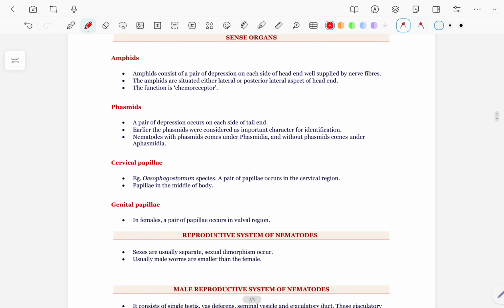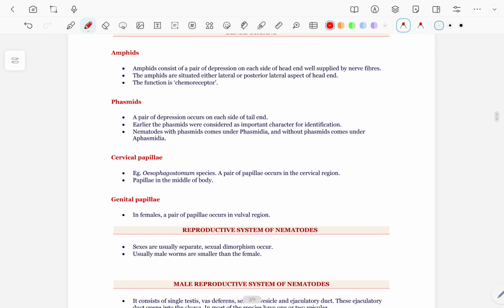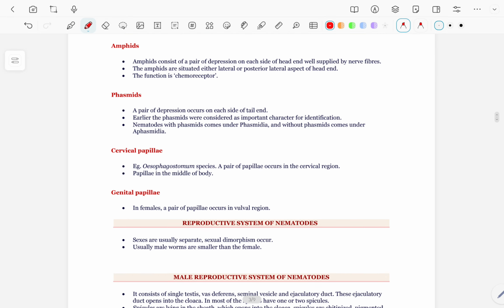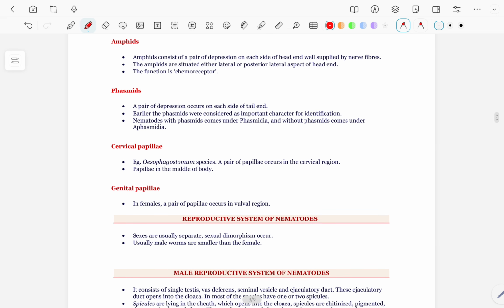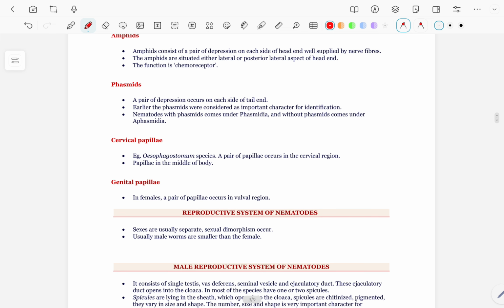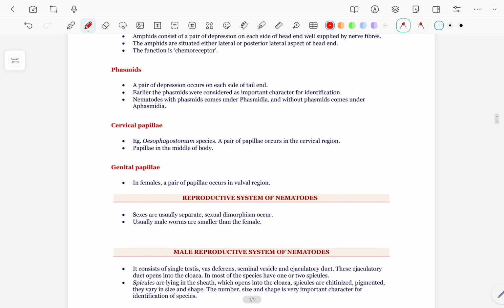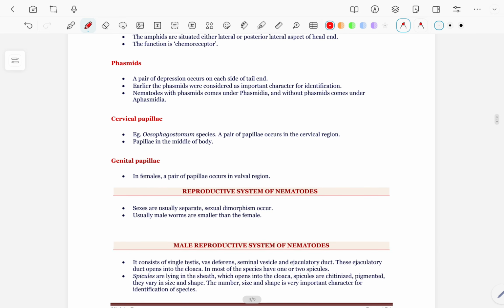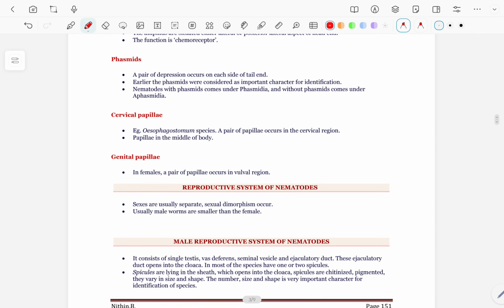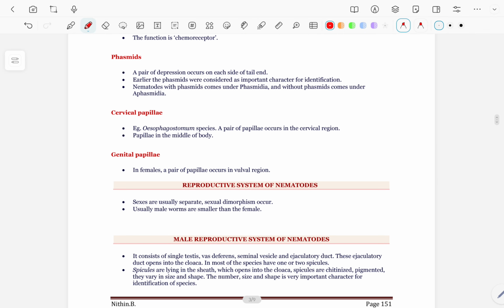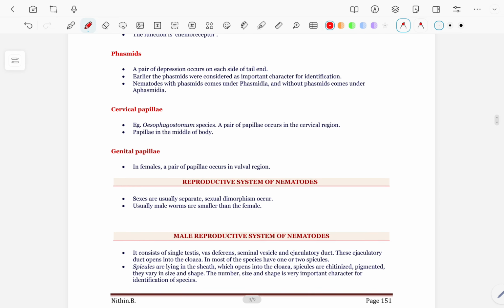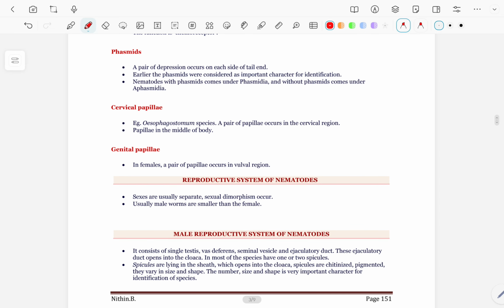The function is chemoreception. Phasmid. A pair of depressions occurs on each side of the tail end. Earlier, the phasmids were considered important characters for identification. Nematodes with phasmids come under Phasmidia and without phasmids come under Aphasmidia.